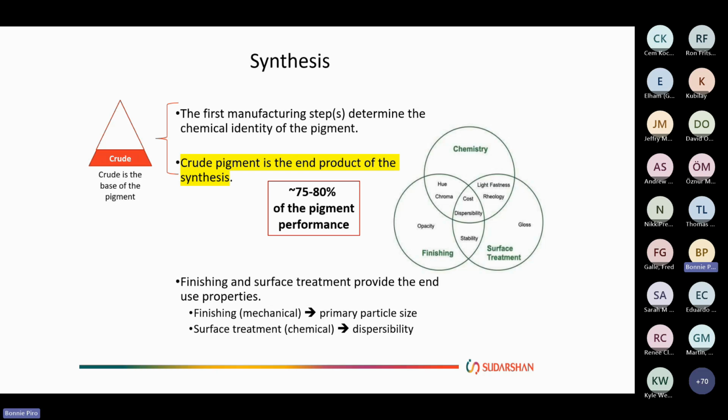And then the remaining is in the finishing choices that are made for that particular product. In a lot of color indexes, as you'll see in upcoming slides, there are many pigment product options. And it's those choices that are made in the finishing steps that create those individual products, and then those individual technical properties that you'll receive at the end.